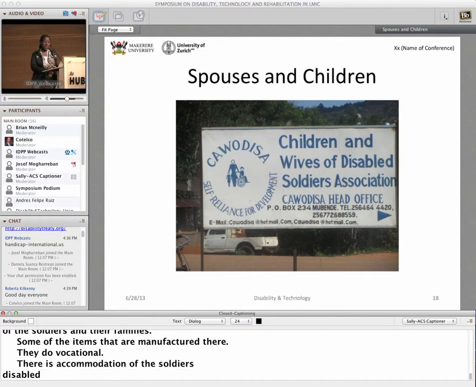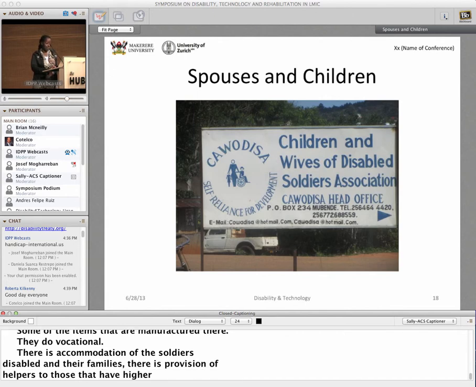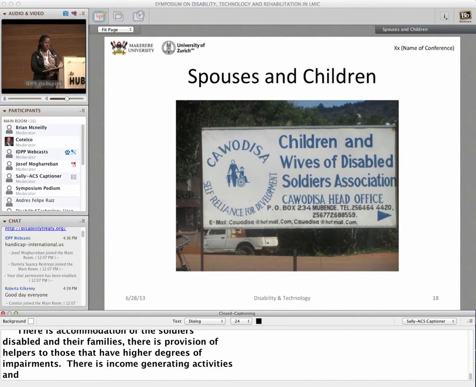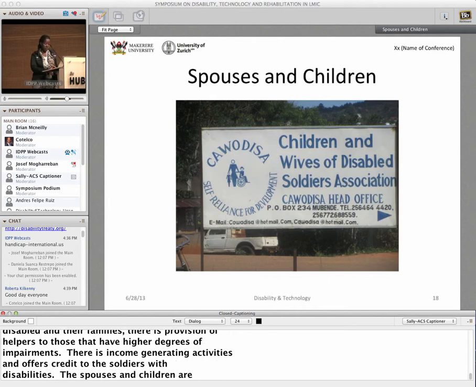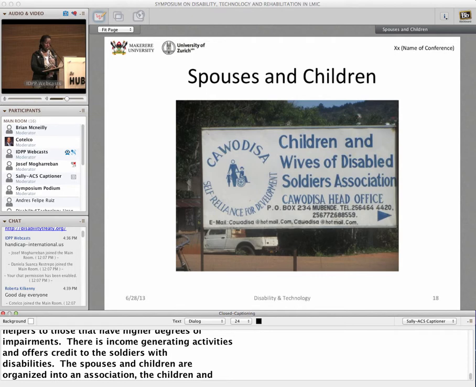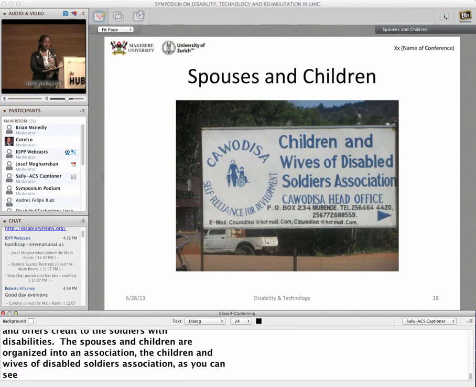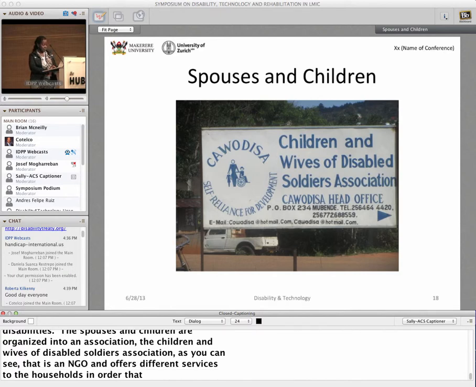There is provision of helpers to those that have higher degrees of impairment. There is income generating activities and a saving bank that offers credit to the soldiers with disabilities. The spouses and children are organized into an association, the Children and Wives of Disabled Soldiers Association, that is registered as an NGO and offers different services to the households in order that they can meet their needs.